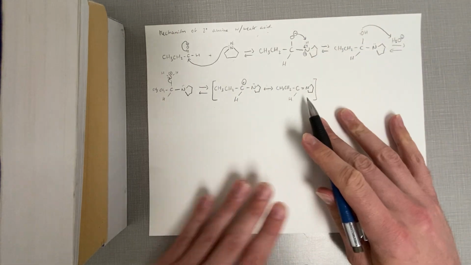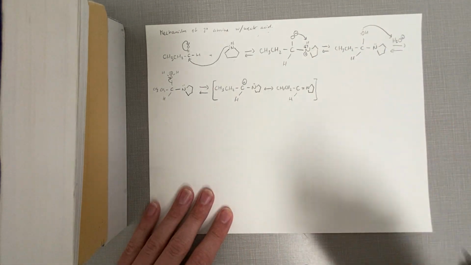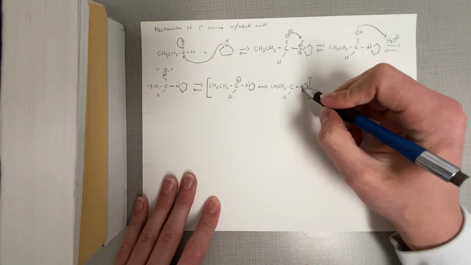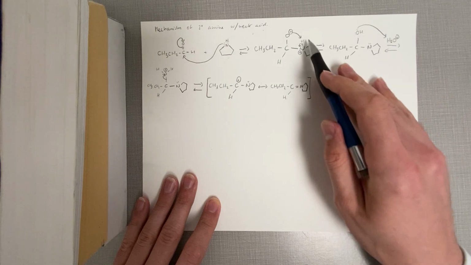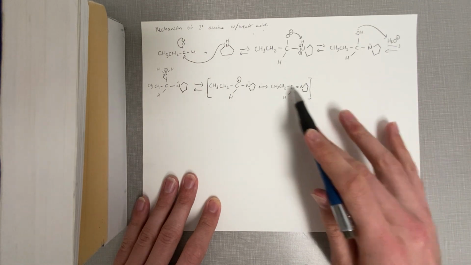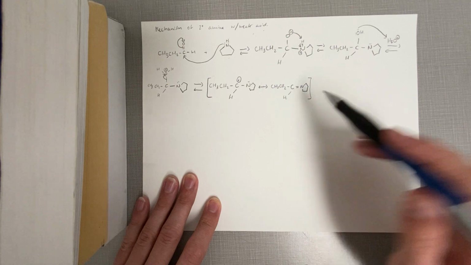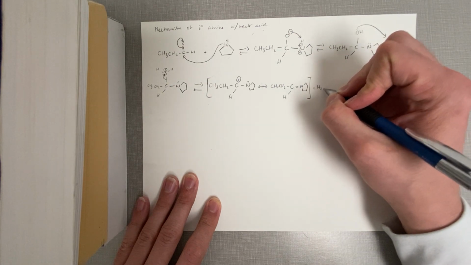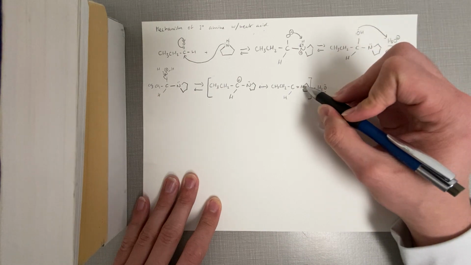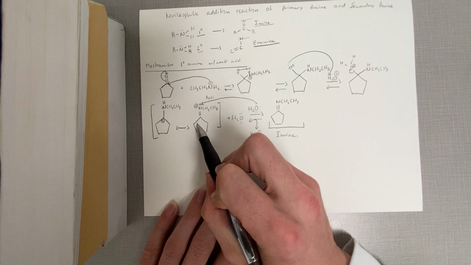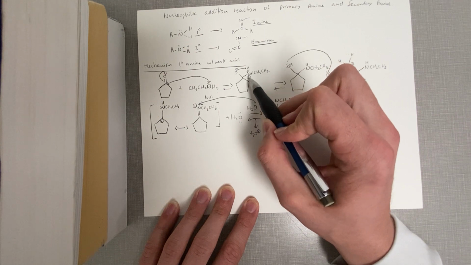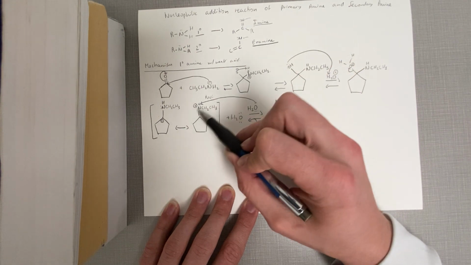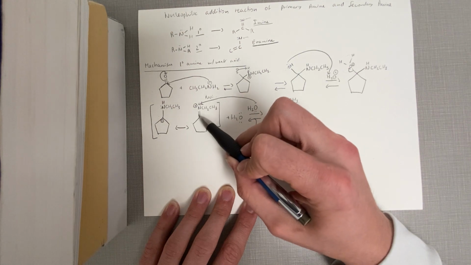Now, the difference between the primary amine and a secondary amine is that in this case here, because it is a secondary amine, it only had one proton that could be deprotonated. So I have water. Earlier we had the primary amine that was deprotonated in this step, and that still had another H to be deprotonated in this step, forming the imine.